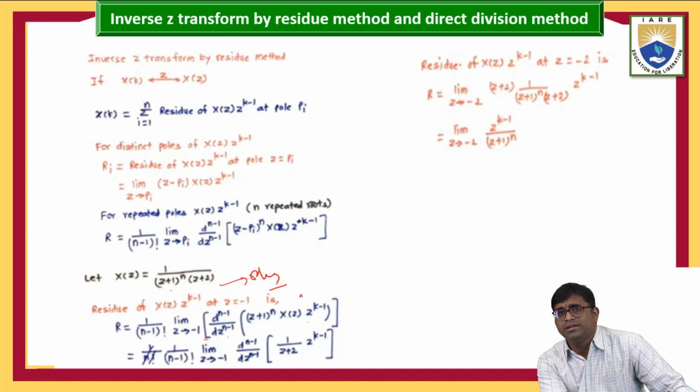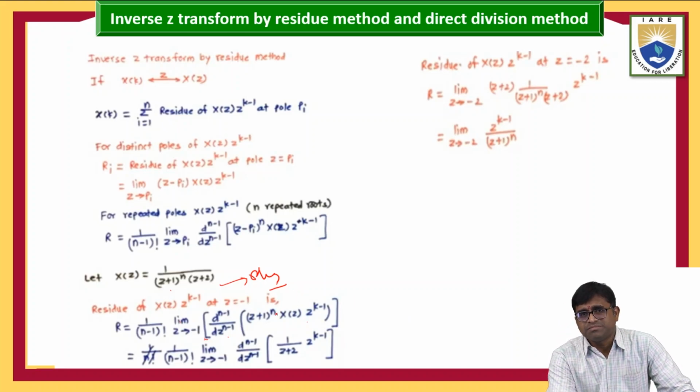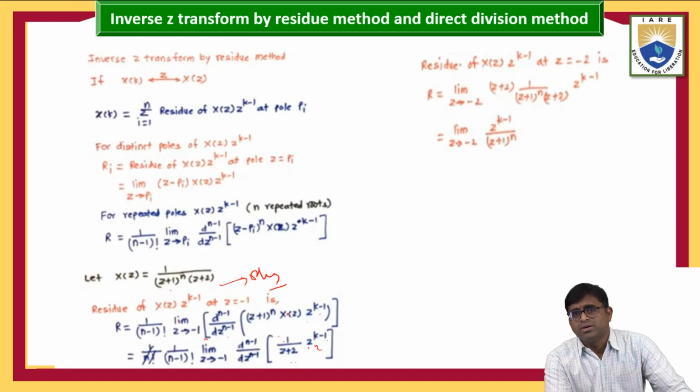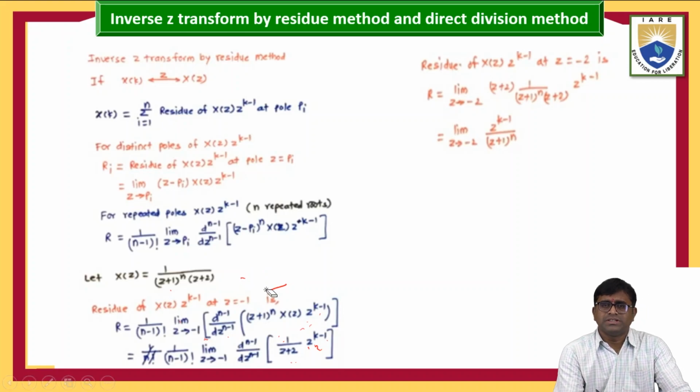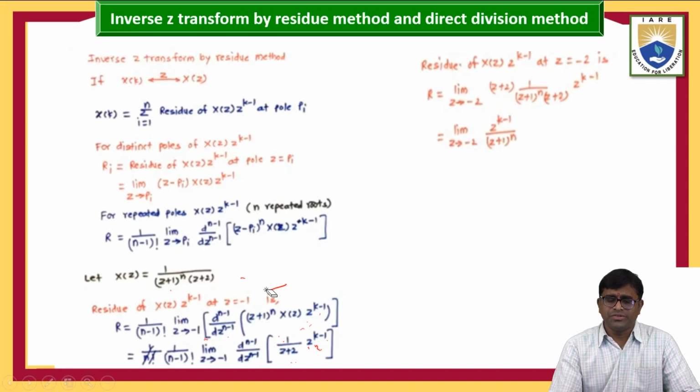If you apply this for the calculation, the limit of the derivative gives 1 by z plus 1 into z power of k minus 1. This is the residue for the first term, that is, z plus 1 whole power of n terms.